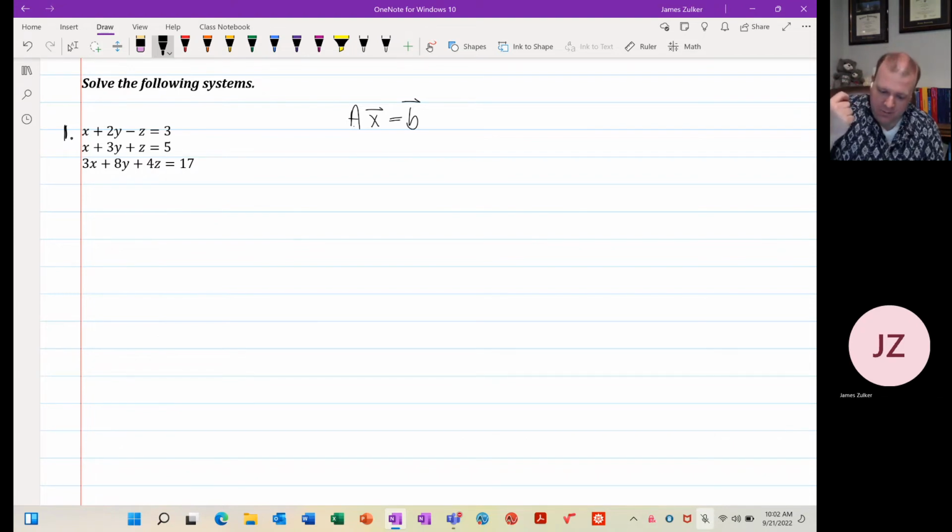All right. Well, in this example, our coefficient matrix, we look at the first equation. First row is the coefficients, so 1, 2, -1. Then we have 1, 3, 1. And then 3, 8, 4.